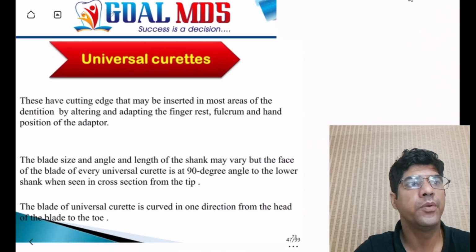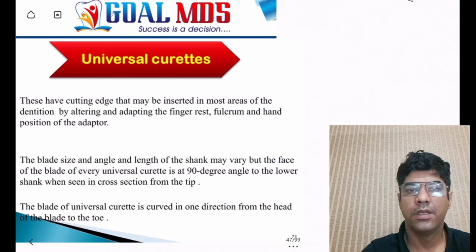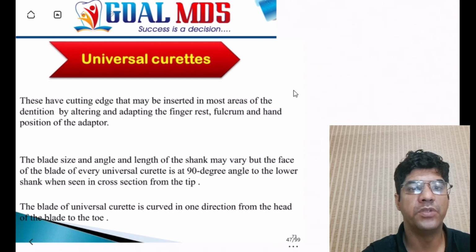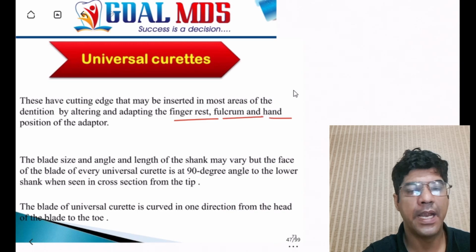Others are the universal curettes. Universal curettes are designed with a cutting edge that can be inserted into most of the dentition. This adaptability is achieved by altering and adjusting the operator's finger rest, fulcrum and hand position.